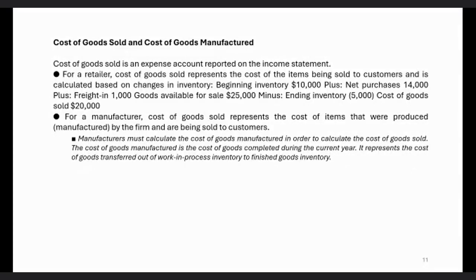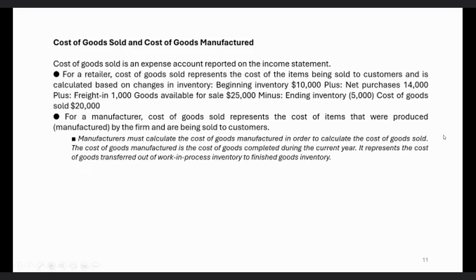Cost of goods sold and cost of goods manufactured. Cost of goods sold is an expense account reported on the income statement. For a retailer, cost of goods sold represents the cost of the items being sold to customers and is calculated based on the changes of inventory.